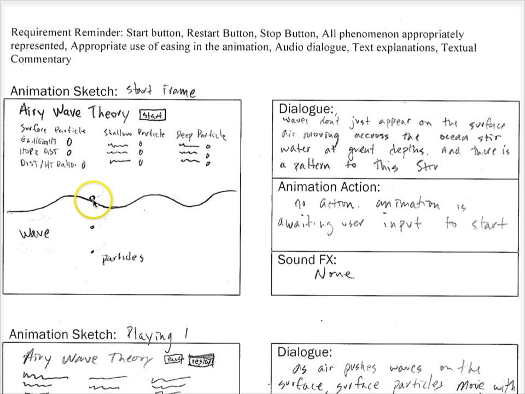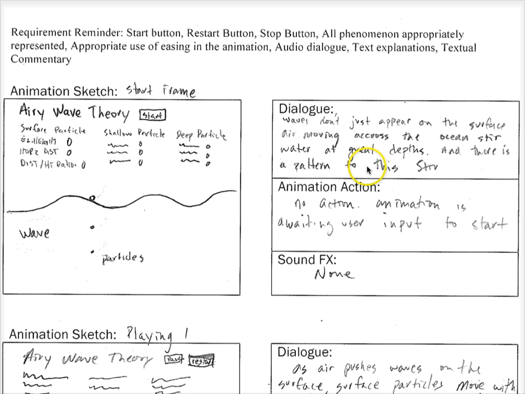And I've got three particles here: a surface particle, a shallow particle, and a deep particle. What Airy wave theory basically says is that as the particles go deeper, their motions flatten out and shorten. So as things are at the top, they move in a bigger circle, and as things get deeper in the water, those motions flatten out.